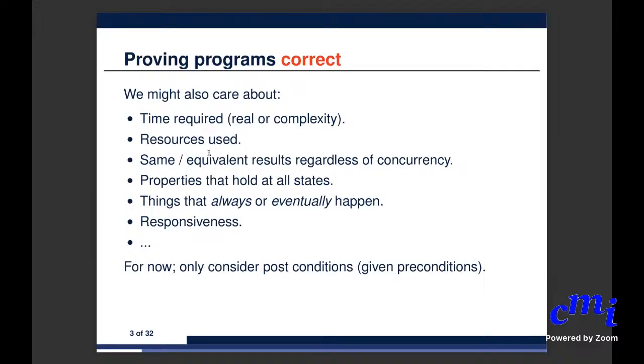That can also be something you want to check about program behavior. And we have already seen that sometimes you want to show that things hold for all points, forever. That is usually used in concurrency, and something must eventually happen, and so on. So there are various other things.